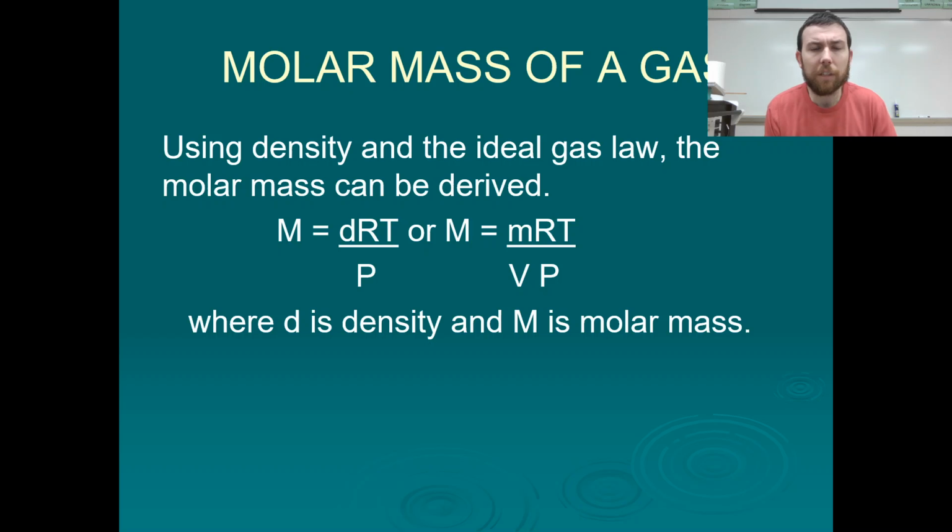Obviously, we have PV equals nRT. We have this, where we can figure out the molar mass of a gas. We could rearrange this equation to solve for density, where density is equal to, let's see here, M times P over RT, so the molar mass times the pressure divided by RT.